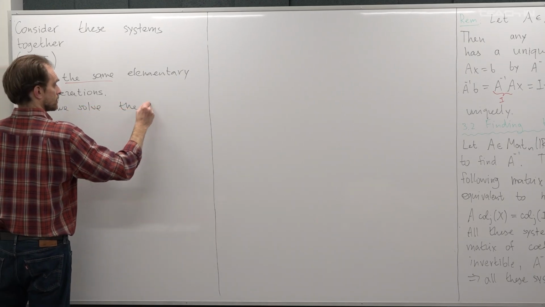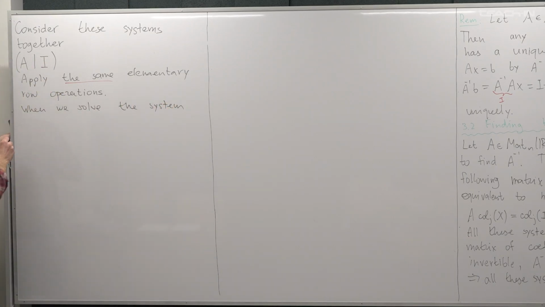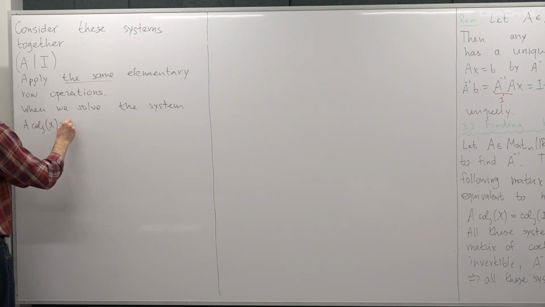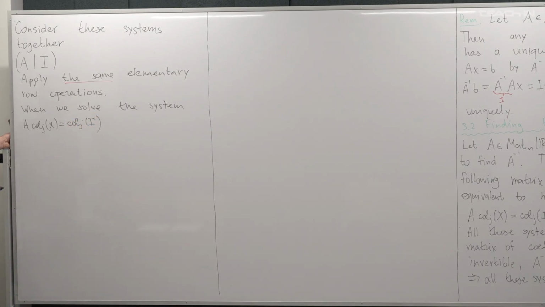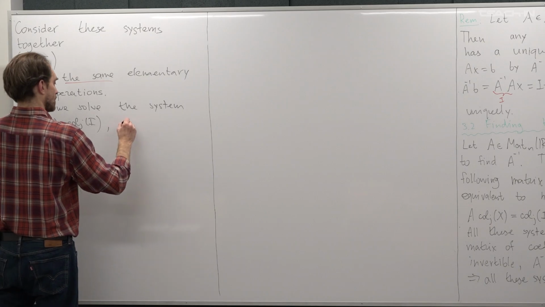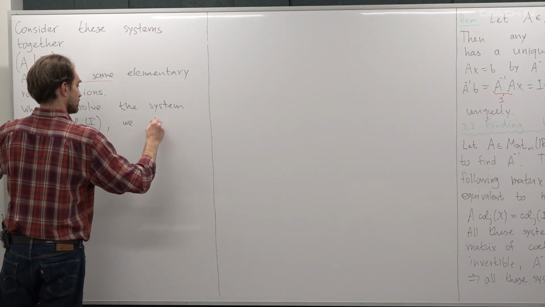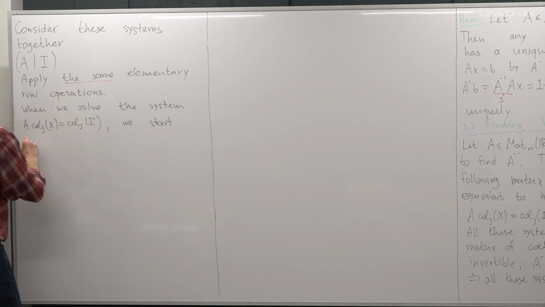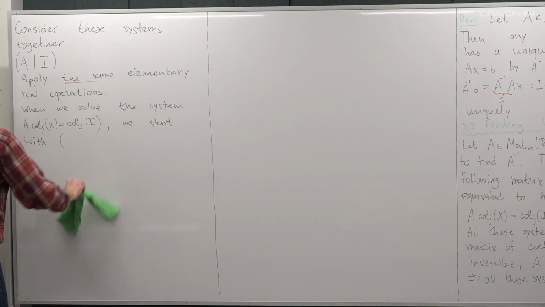So when we solve the system A multiplied by the jth column of x equals the jth column of the identity matrix, we start with the augmented matrix.